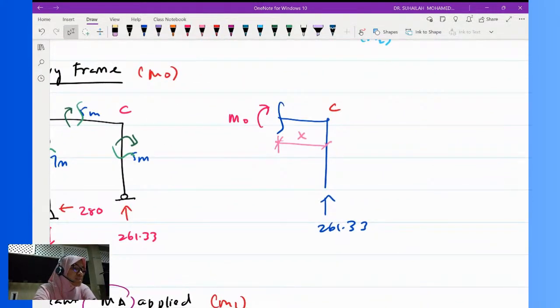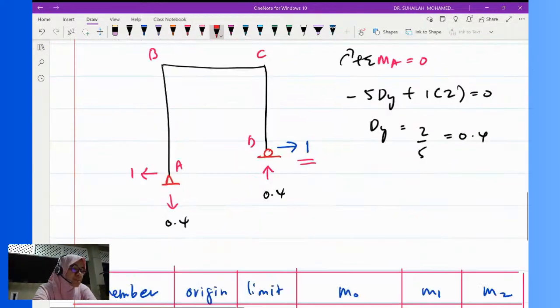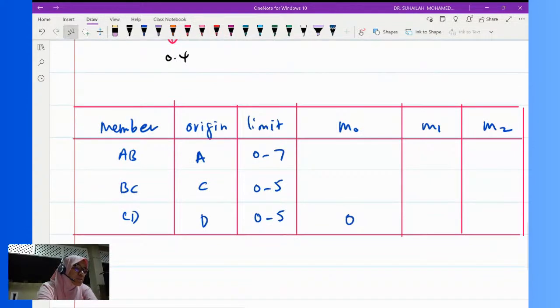For this section, we get M naught equal to 261.33 X. So we put 261.33 X into the table.